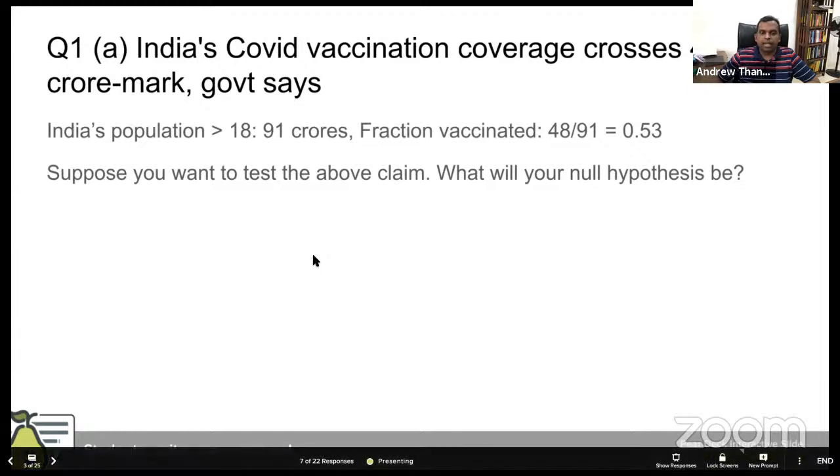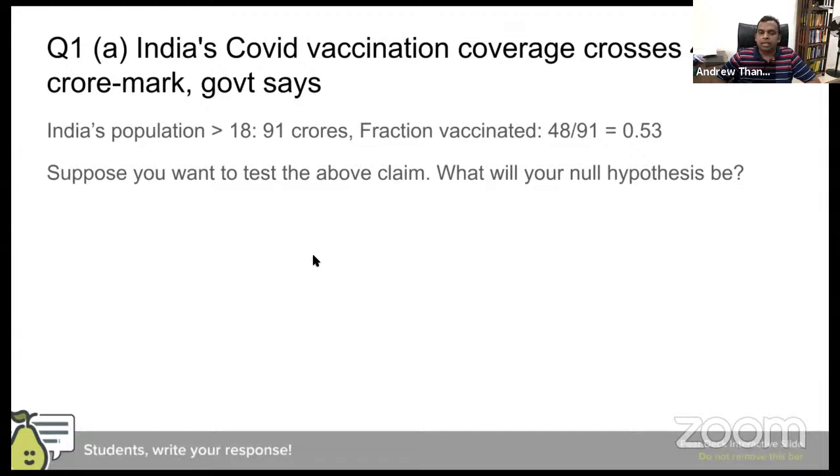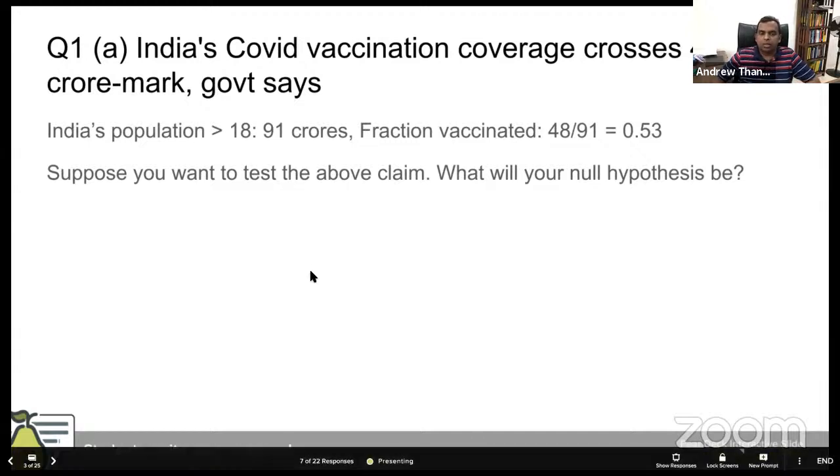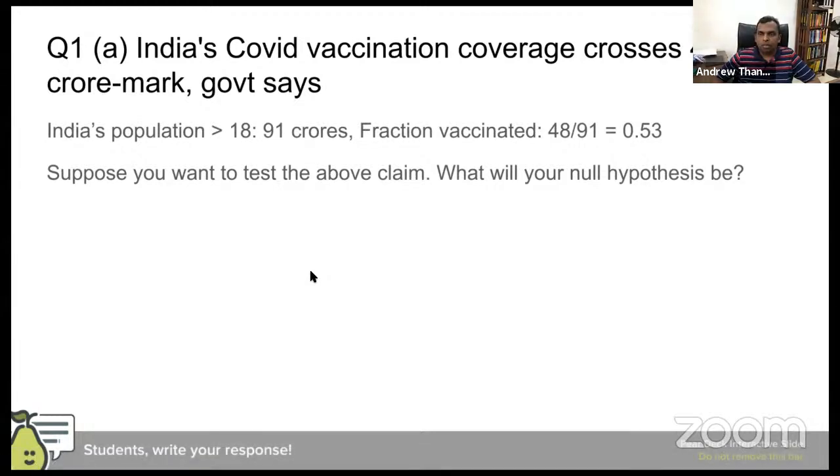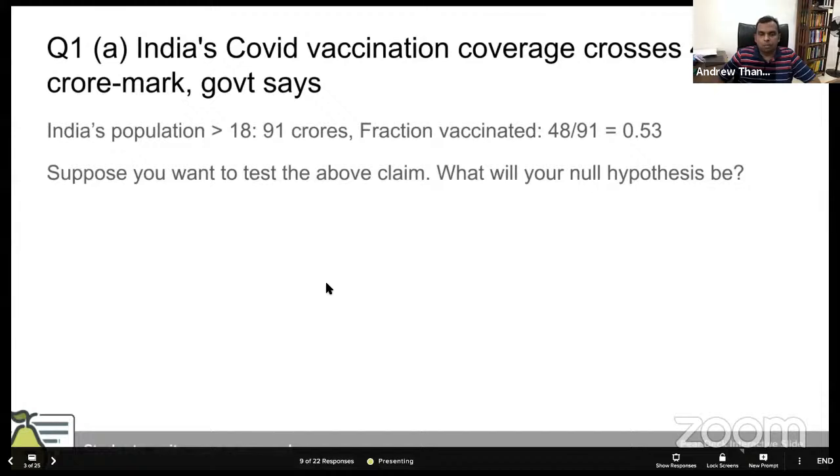So once again, the setting: when you start surveying to do this kind of testing, you probably have n samples, X1, X2, ..., Xn, each would be Bernoulli P, right? And that's going to be your setting, and then the null hypothesis will be P equals what? That's the question.